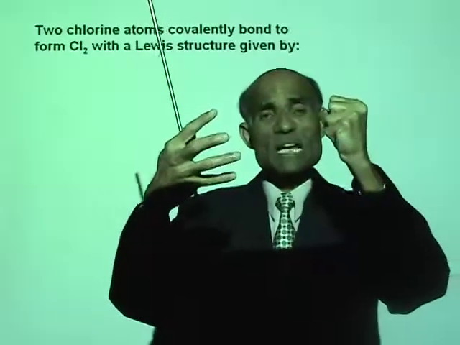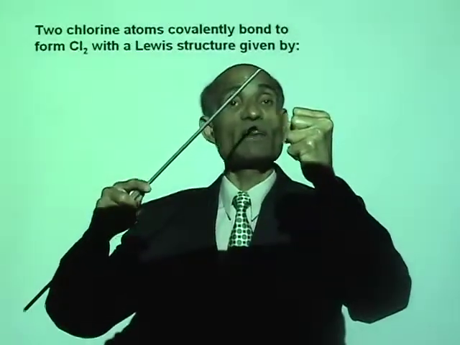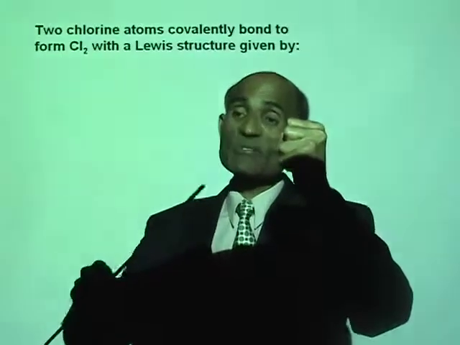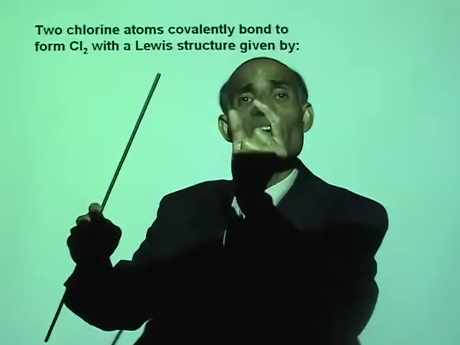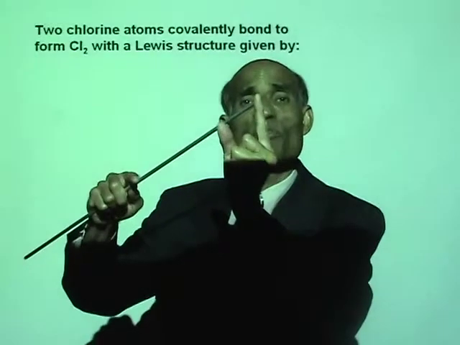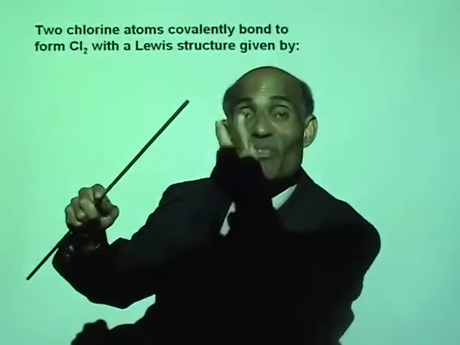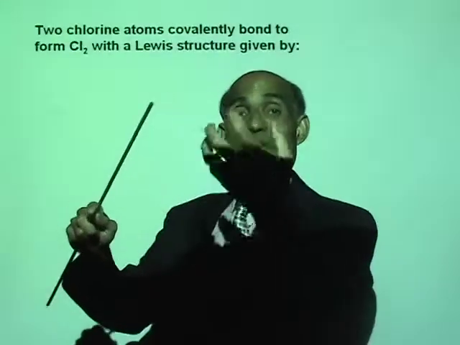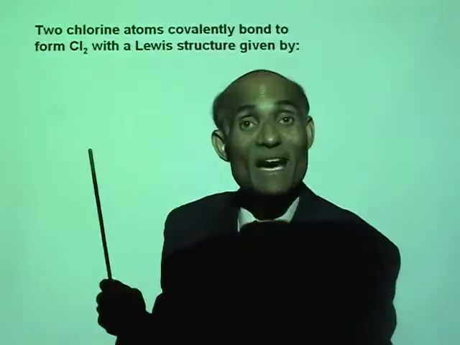One chlorine atom says, well, I have 7 electrons, I need one more. You have 7 electrons, you need one more. So why don't we take 1 electron from me and 1 electron from you and share that pair so that I have 8, you have 8, we can stay together.